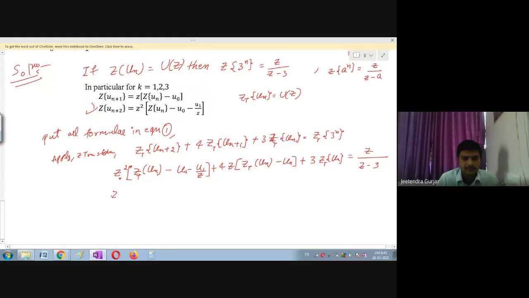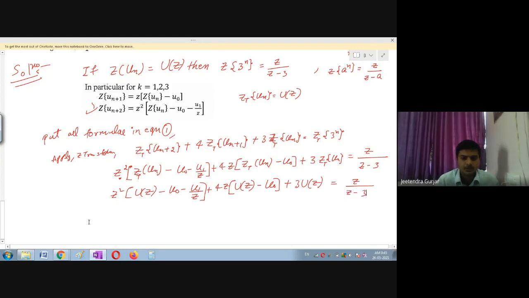So this is z square u of Z minus u naught minus u1 upon z, plus 4, and in the bracket z u of Z minus u naught, plus 3 times u of Z, students. Okay, you are right. So therefore this is equal to z divided by z minus 3.